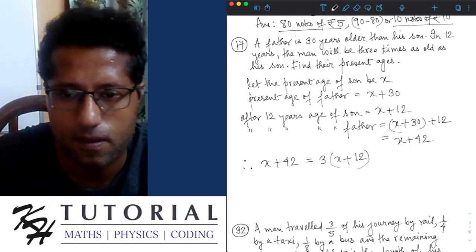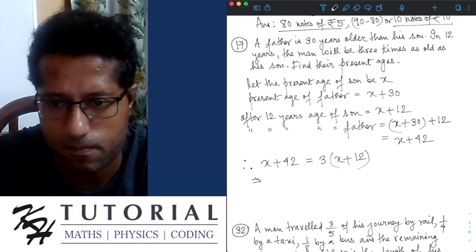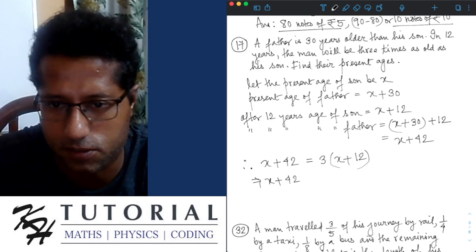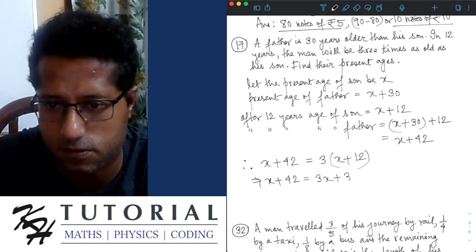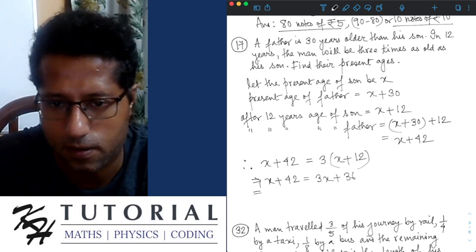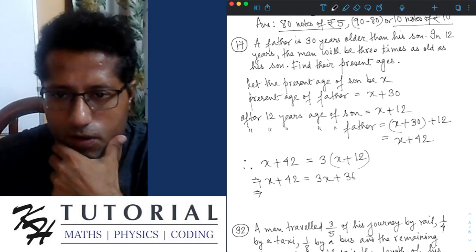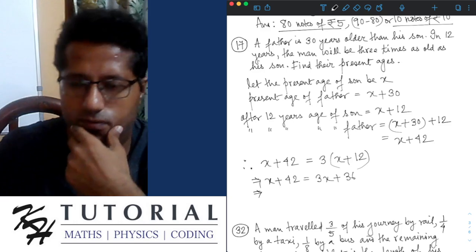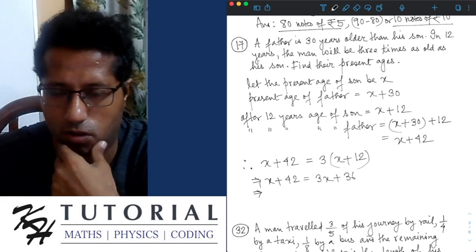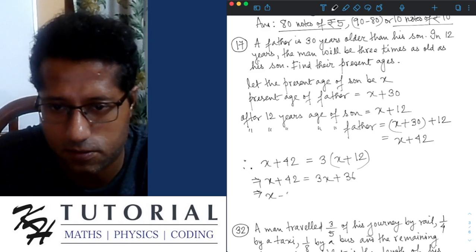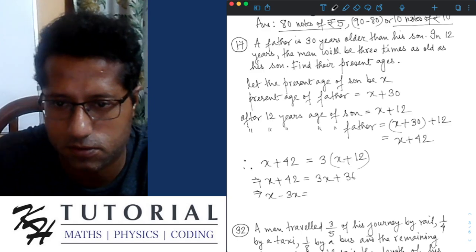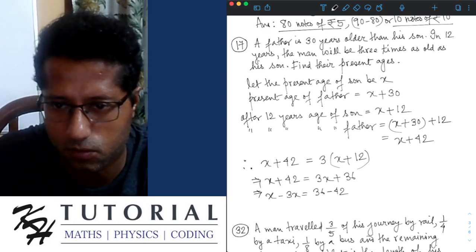This implies x plus 42 equals, if we simplify the RHS, 3x plus 36. Now if I transpose, bringing all the terms of x to the left hand side and all the constant terms to the right hand side, it becomes x minus 3x equals 36 minus 42.